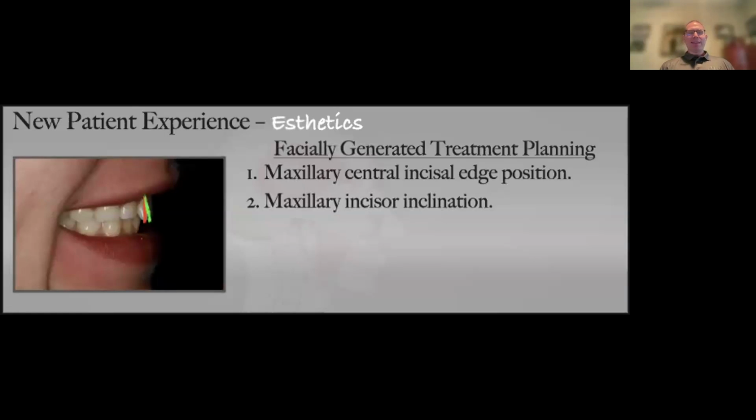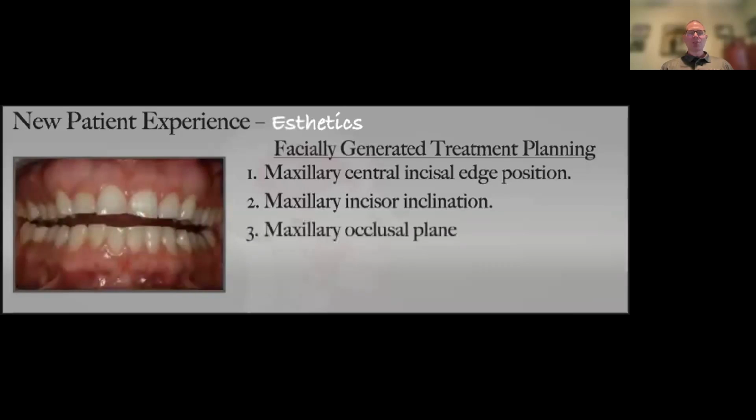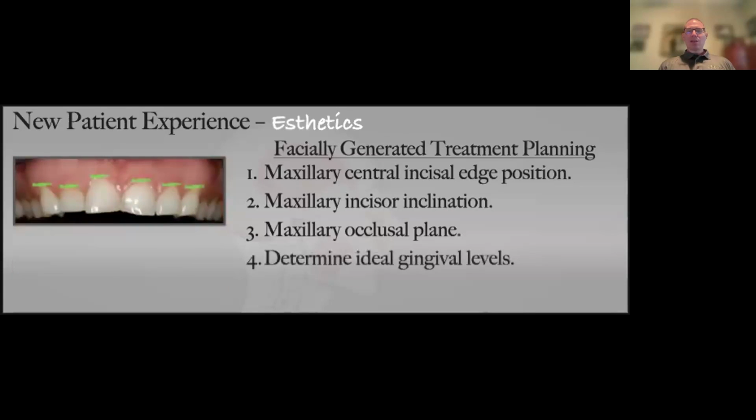We know that the incisor should be more proclined, and if it's off, the light's going to hit it differently, and it's not going to be aesthetically pleasing for the patient. We want to see how the transition is from the anterior to the posterior, and is there some type of stepped occlusion? And lastly, the reason for photos is we want to show them the gingival levels.